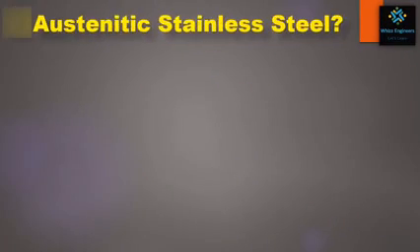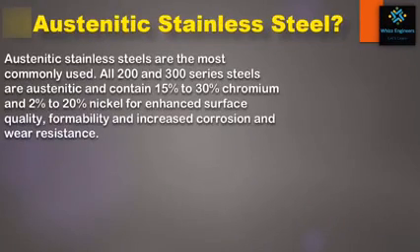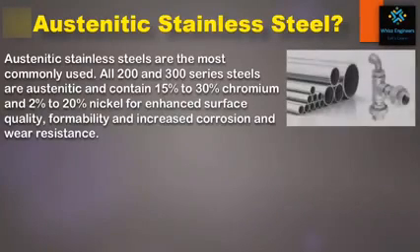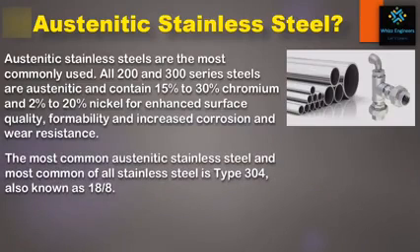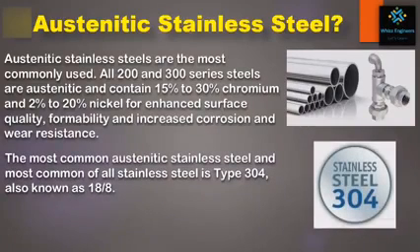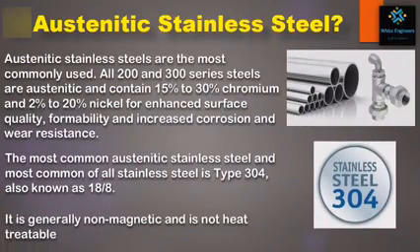Now let's see austenitic stainless steels. Austenitic stainless steels are the most commonly used. All the 200 and 300 series steels are austenitic stainless steels, which contain 15 to 30% of chromium and 2 to 20% of nickel to enhance the surface quality, formability and increase the corrosion resistance. The most common austenitic stainless steel is type 304, which is also known as 18-8 steel.